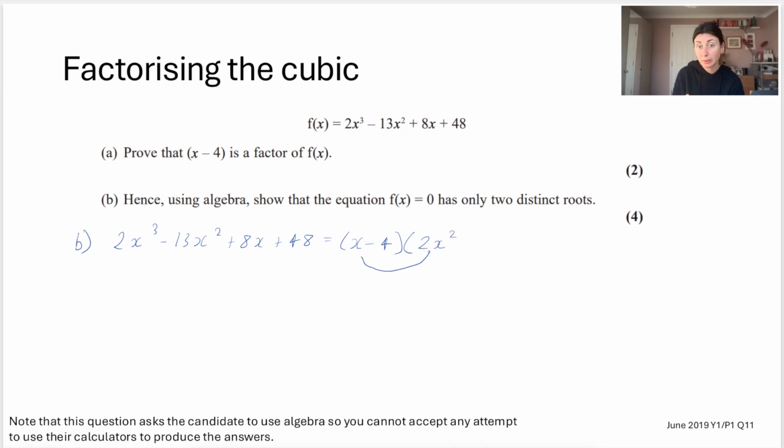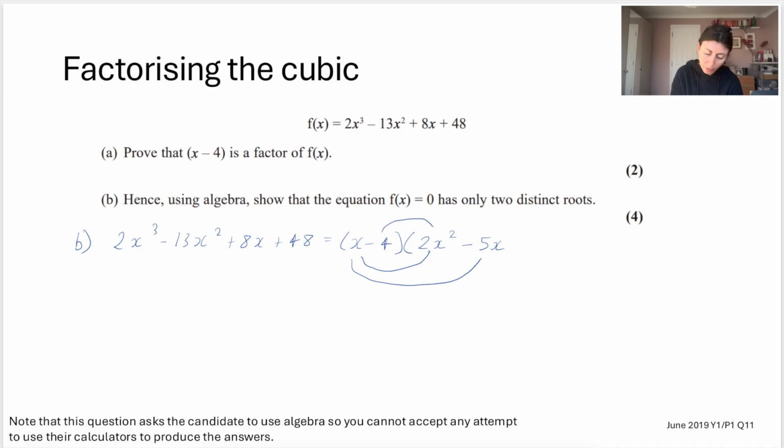But by putting the 2x squared there, I've actually created this. When I come to expand, I've created a minus 8x squared, and we want minus 13x squared. I'm going to minus 5. If I just leave an x there, when I come to expand here, that will generate the minus 5x squared for me.